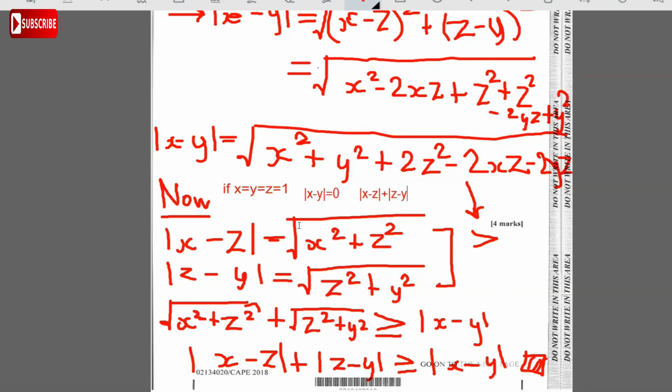Using the formula, you'd get the square root of 2 plus the square root of 2, which is 2 root 2. So clearly, as you can see, this is true.